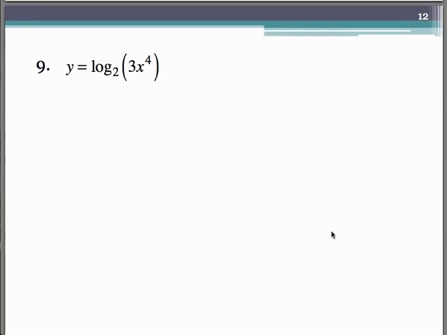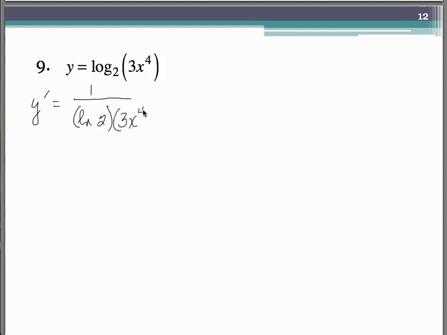So here we have a logarithm with base 2. So remember how the rule is going to go. It's going to go 1 over the natural log of 2 times the argument, so the 3x to the 4th. All right, and then we need to multiply that by the derivative of the argument, the 3x to the 4th, so that's going to be 12x cubed. So we'll simplify what we can.